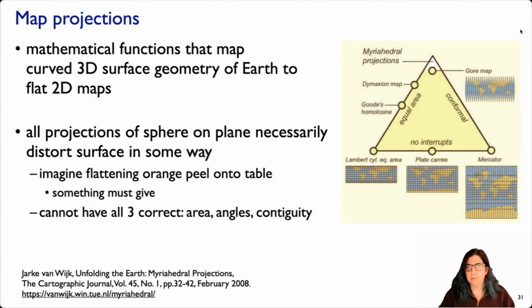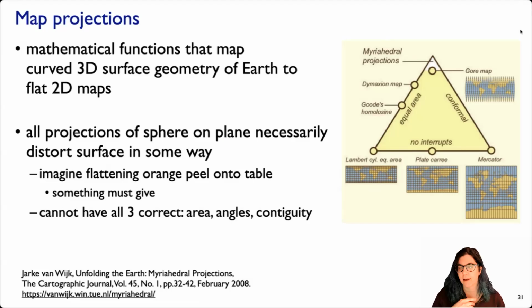Now, the tricky thing is something has got to give. So if you're projecting from a sphere onto a plane, you can't have that be perfect. Imagine that you took an orange peel and then you smashed it down on a table. It can't stay working. In particular, you have to choose what gets distorted, and you have three choices.